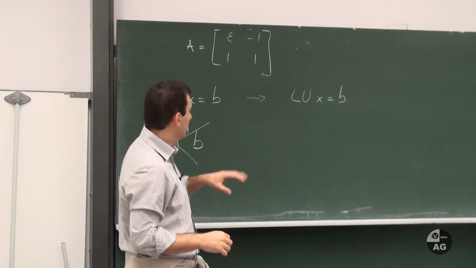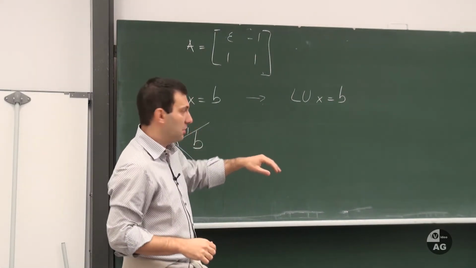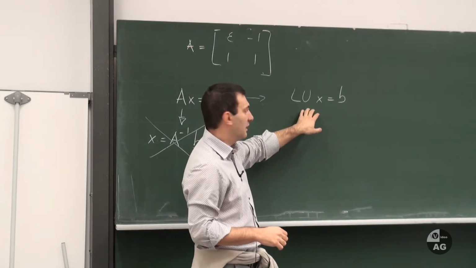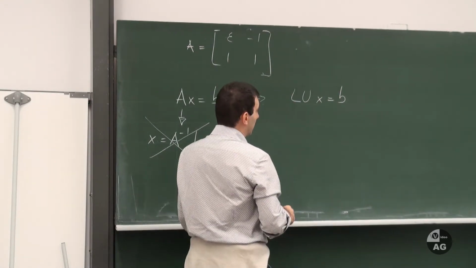Today, for the scope of this lecture, we don't care about the solution of linear systems. We just look at the computation of an LU factorization. What is an LU factorization?